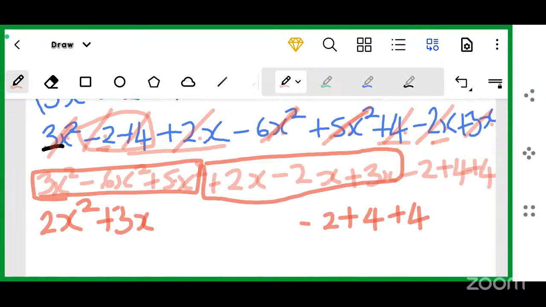Negative 10. Okay, so what is negative 2 plus 4? Negative 6. Okay. Do you have a calculator next to you now? Yes. Okay, punch this on a calculator.